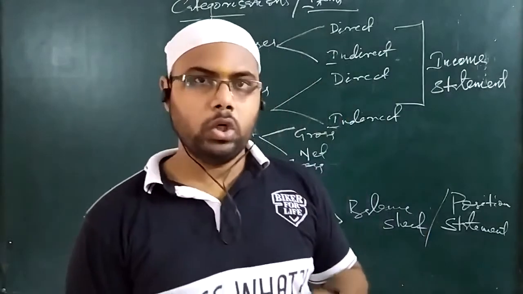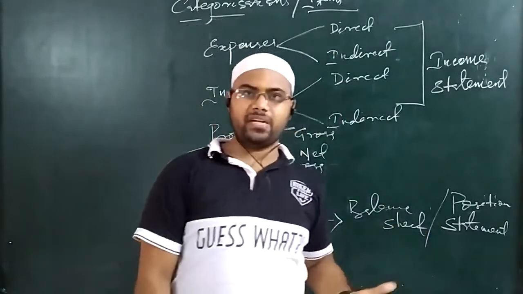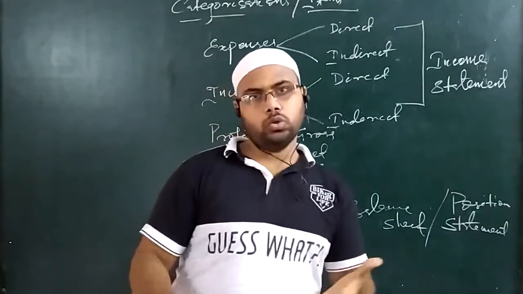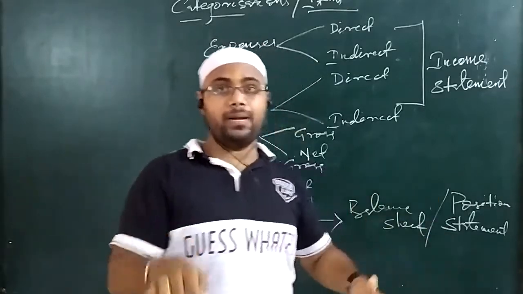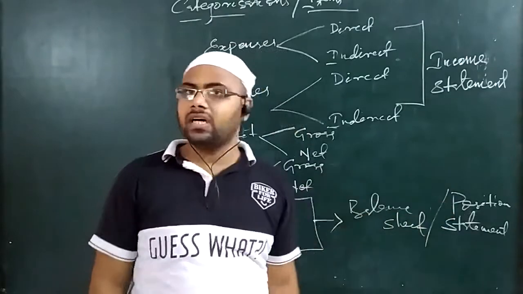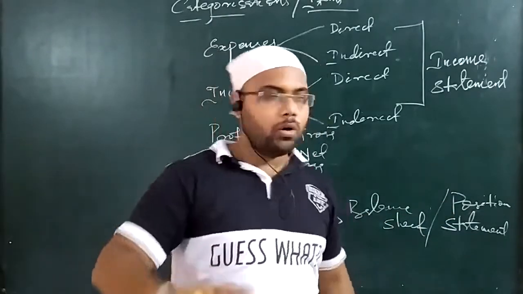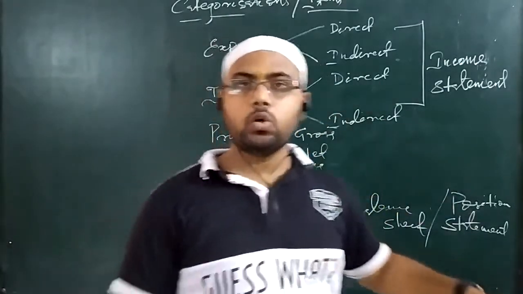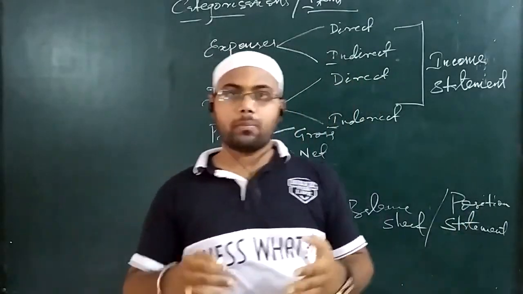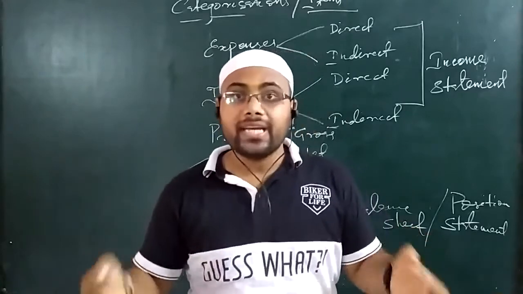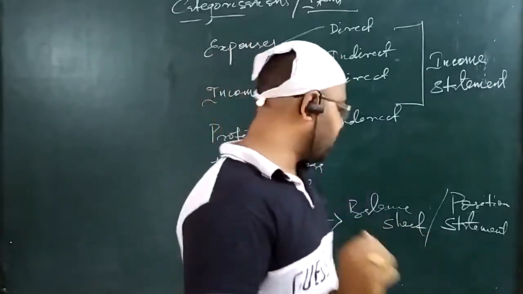Okay, so the balance sheet is a statement, it is not an account. So you cannot write debit and credit. You have to prepare liabilities on the left side and assets on the right side. Okay, so now after going through this, we will go through the financial statements, what type of adjustments or items come our way, and we can post them in a better way. Okay, look carefully.